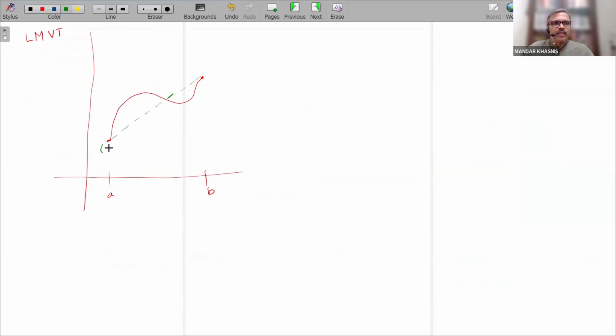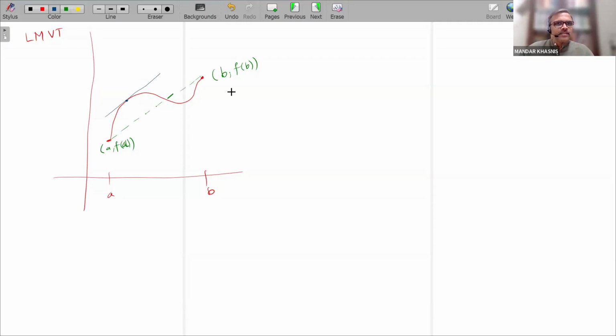This point is A, f(a), and the other point is B, f(b). Then you always find a point on the curve between A and B such that the tangent is parallel to this line.